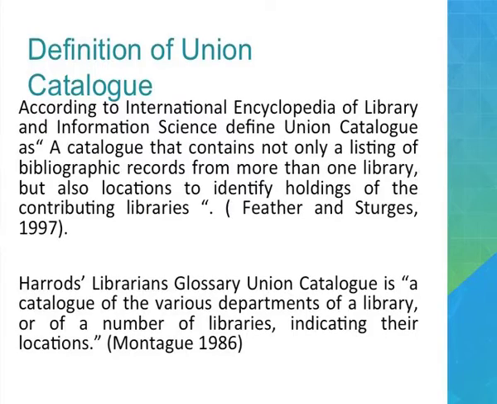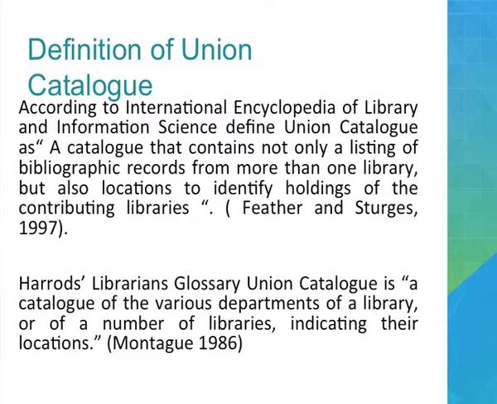If you look at the definition of the Union Catalog, the International Encyclopedia of Library and Information Science defines Union Catalog as a catalog that contains not only a listing of bibliographic records from more than one library, but also locations to identify holdings of contributing libraries.